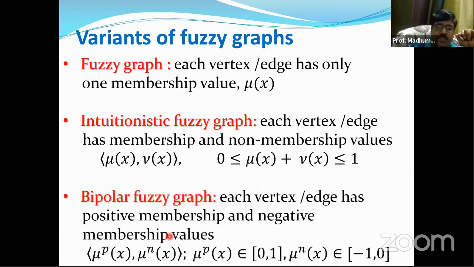There is another kind of fuzzy graph called the bipolar fuzzy graph. That means in a bipolar fuzzy graph, there are two types of membership value. One is called the positive membership value and another is called the negative membership value. For example, suppose there is an election and a lot of people are contesting that particular election.